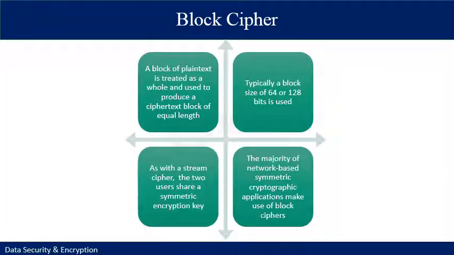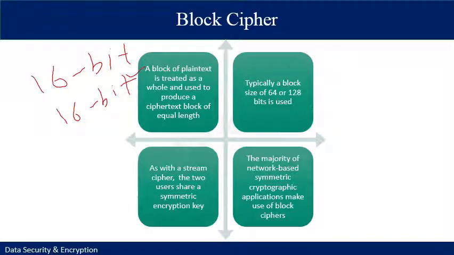On the other hand, a block cipher treats a block of plain text as a whole rather than as individual bits, and it is used to produce a ciphertext block of equal length. For example, if you take a block of 16 bits from the plain text, you generate a ciphertext of 16 bits for that plain text.